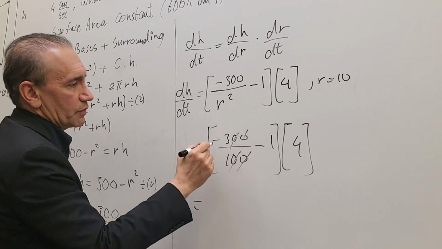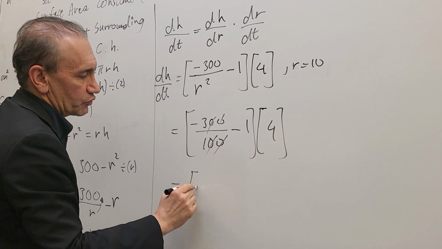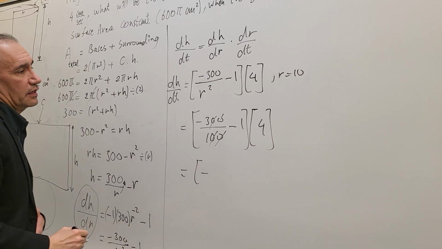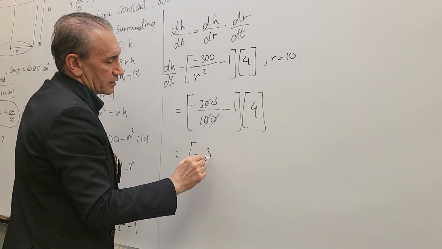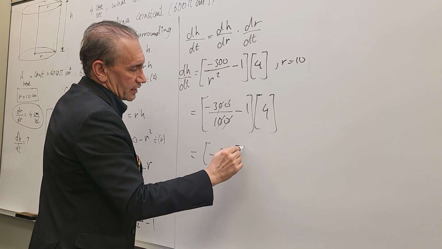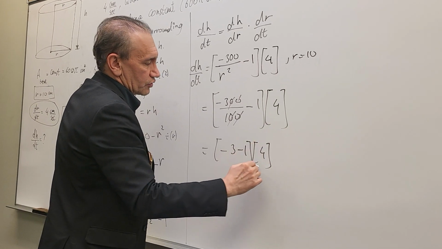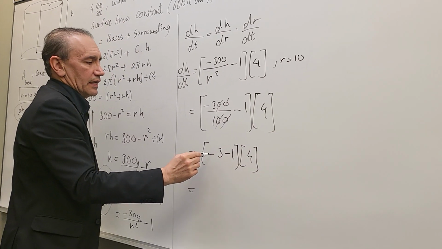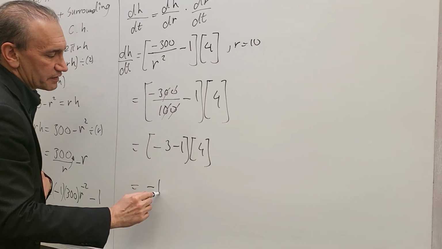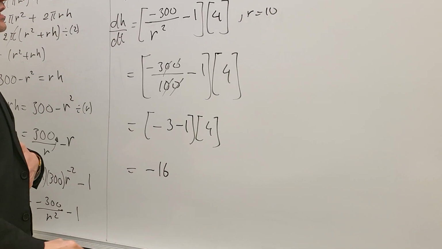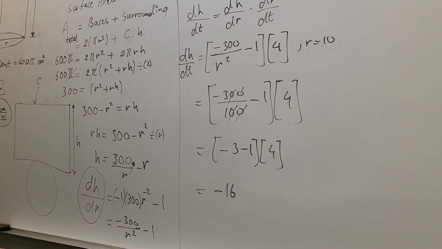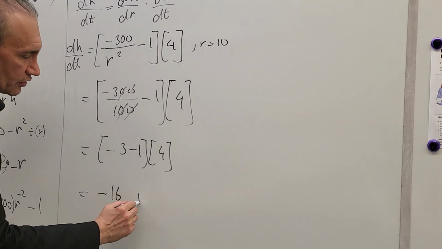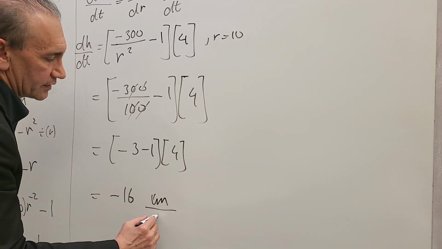Negative 3 minus 1 is negative 4, and that is multiplied by 4. So the answer is negative 4 times 4, which is negative 16 exactly, and that's in centimeters per second.